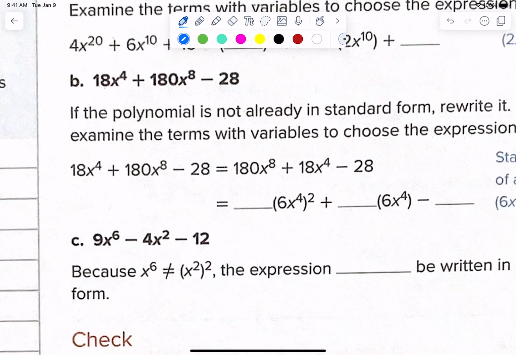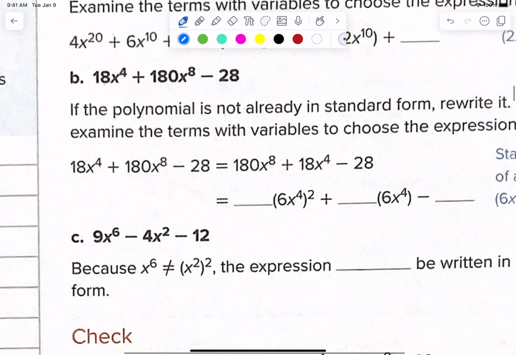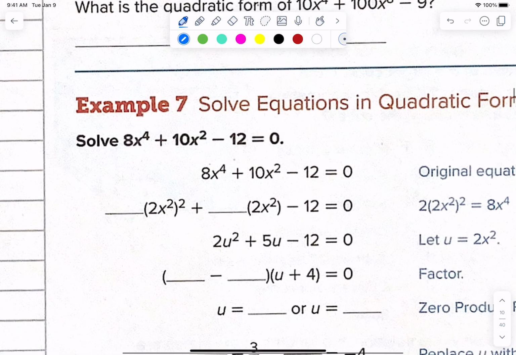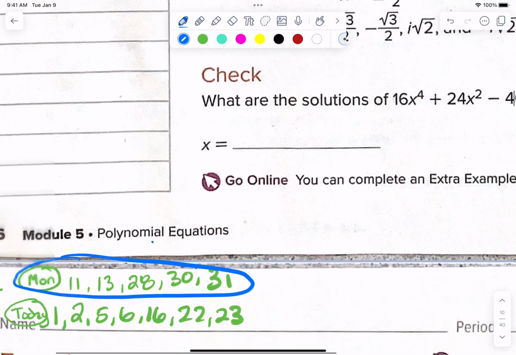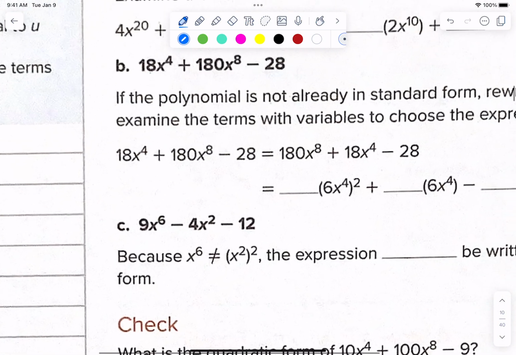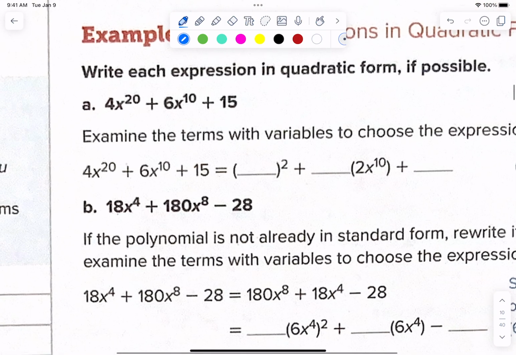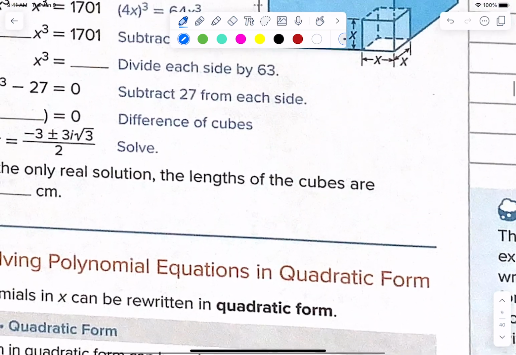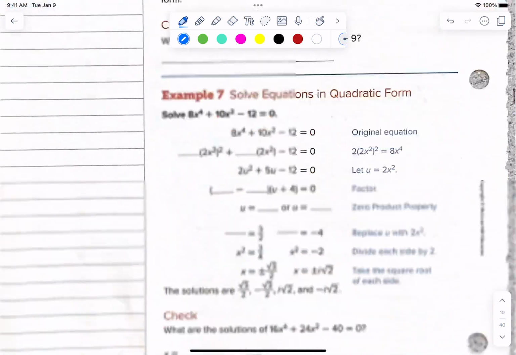I don't know what quadratic form is. I don't like that. Solve equations in quadratic forms. I want a nice one. They don't give you a very nice one. Make your own. Well, I don't want that. Let's go to one of the homework problems. We'll do one together.